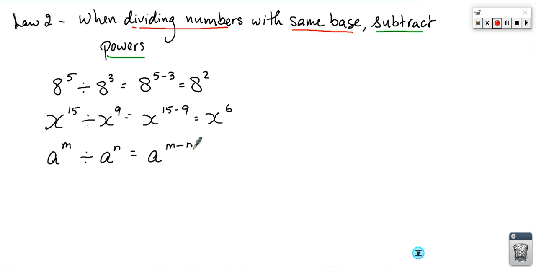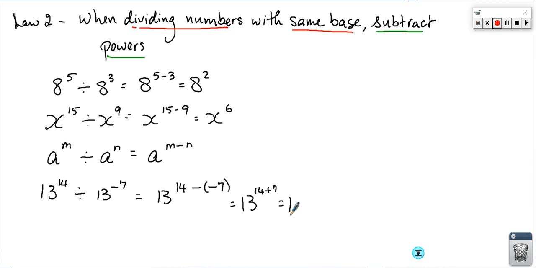We can have even negative powers, like 13 to the power of 14 divided by 13 to the power of minus 7 becomes 13 to the power of 14 minus minus 7, which is 14 plus 7, which is 21.